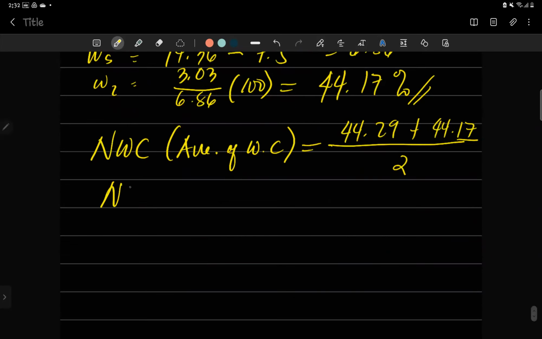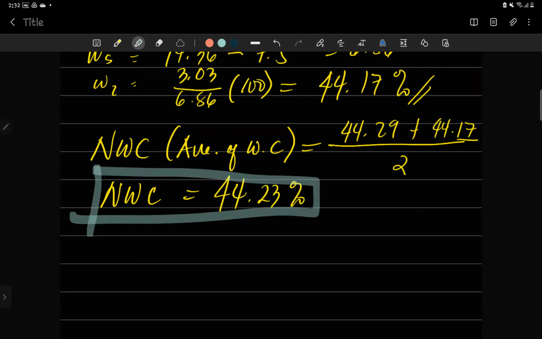So our natural water content is 44.23%. So this is our natural water content.